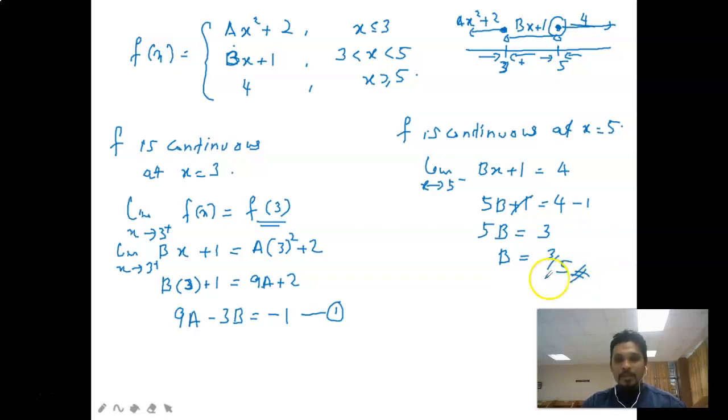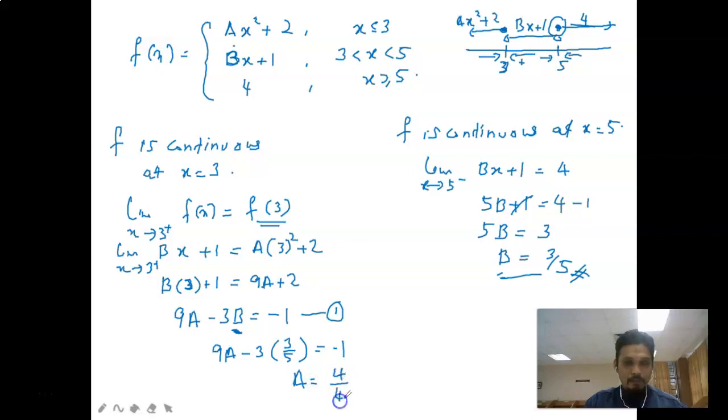So substitute this value of b into here: 9a minus 3 times 3 over 5 equals negative 1. You can use your calculator, as it is a simultaneous equation with two variables, a and b, and two equations. Finally, you get a equal to 4 over 45.